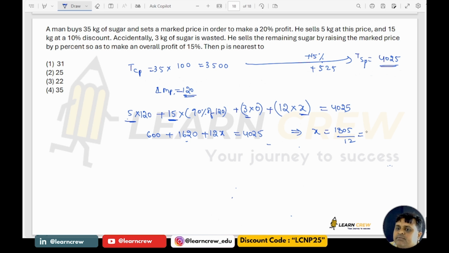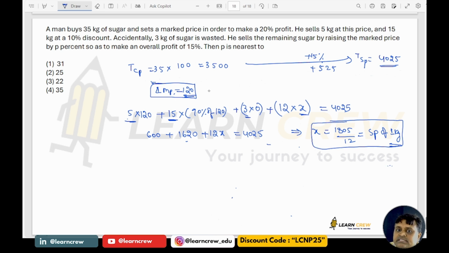This is the new selling price of 1 kg. So the market price is 120 and the selling price is this much.